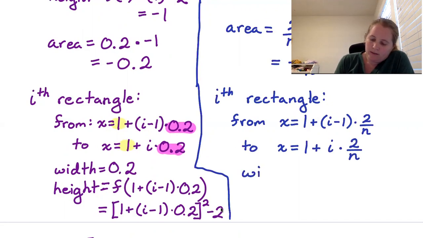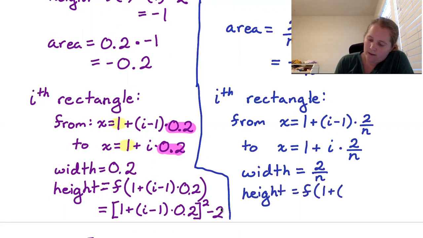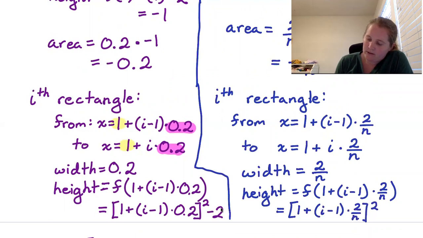Our width is still 2 over n. And our height will be f of 1 plus i minus 1 times 2 over n. And so we have 1 plus i minus 1 times 2 over n, that whole thing squared, and then minus 2.